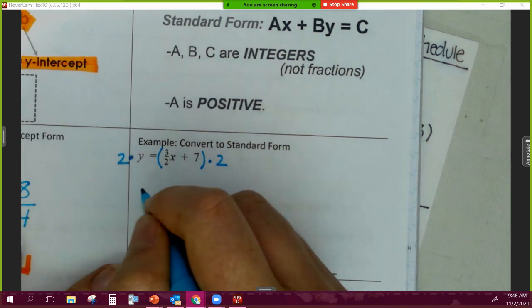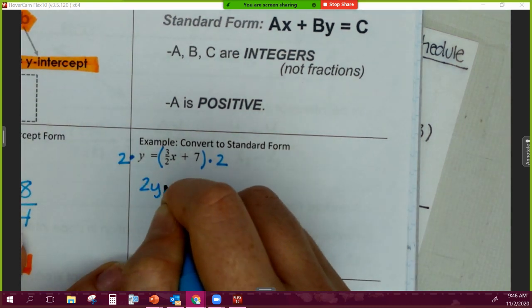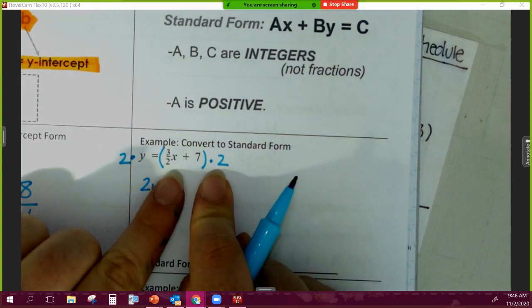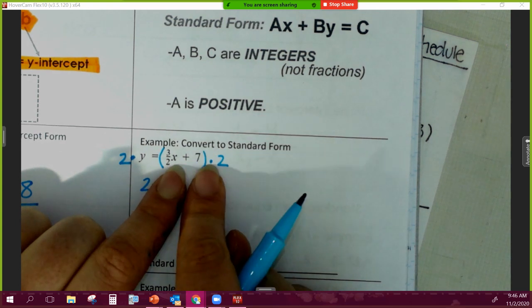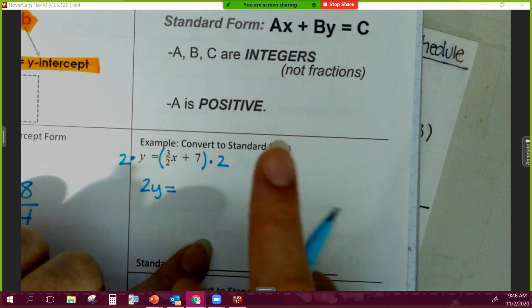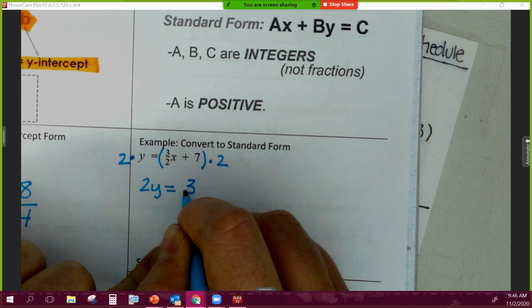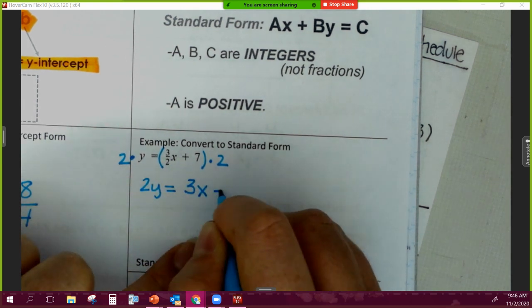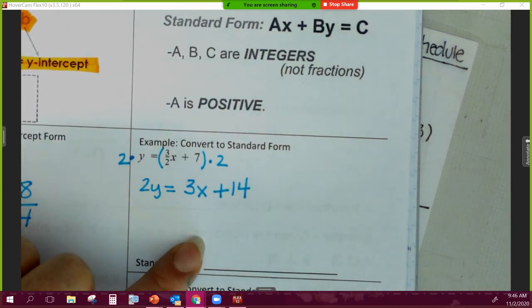Now I have 2y is equal to, and make sure you multiply both terms by 2. So 3/2 times 2 just becomes 3, and then 7 times 2 becomes 14.